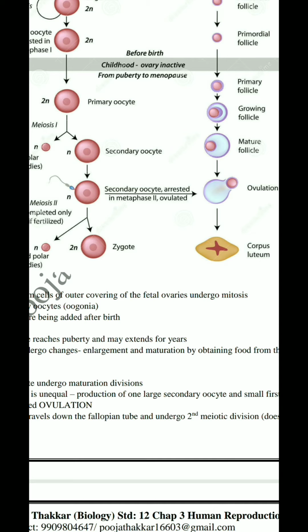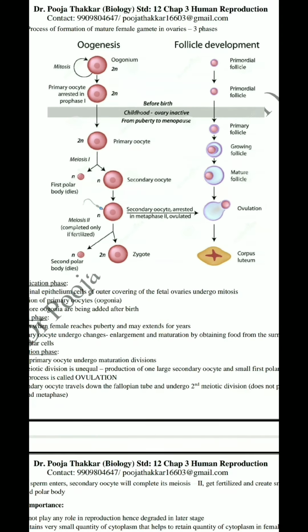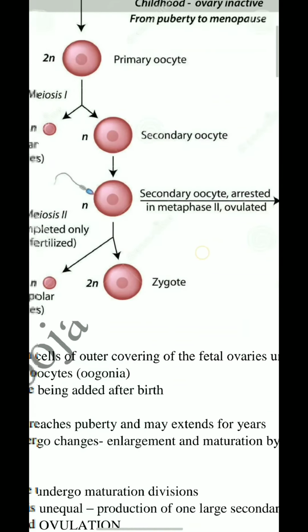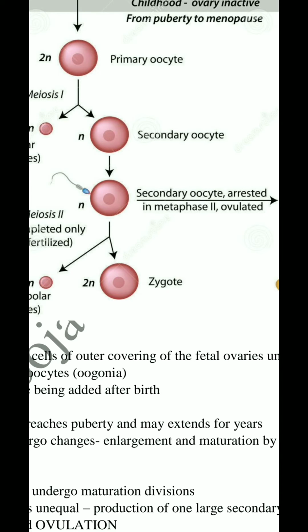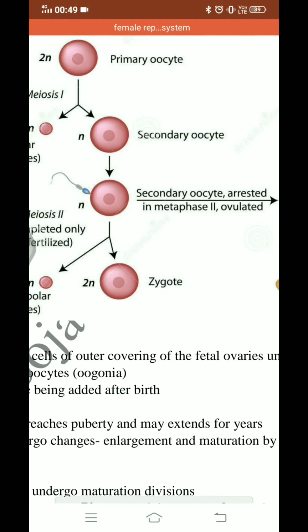Now, the second most important thing: if the fertilization has not occurred, I mean, the secondary oocyte has to stay in its original position without the entry of sperm in the metaphase 2 condition, as you can see in the diagram, that will hold itself in metaphase 2 of meiosis 2.